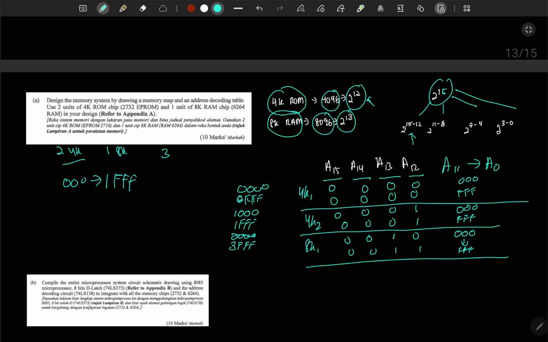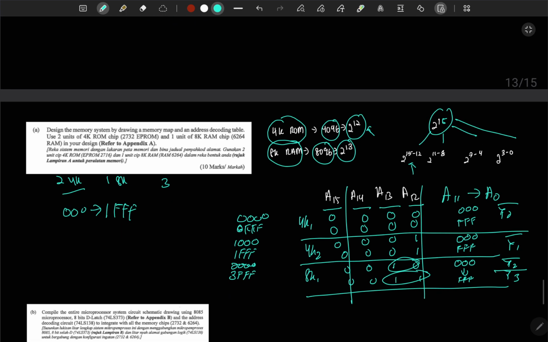Now what's going to happen is, if you are taking A14 till A12, this is equivalent to Y0. This is equivalent to Y1, but this here is equivalent to Y2 and Y3. So when you are doing the decoding table, this one will go to 4K1, this one will go to 4K2.